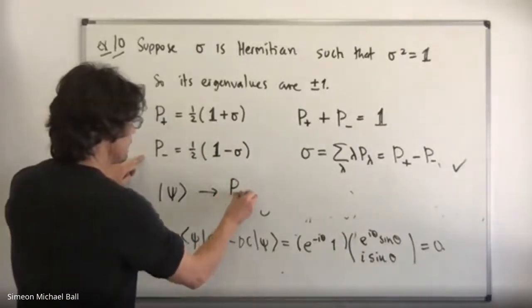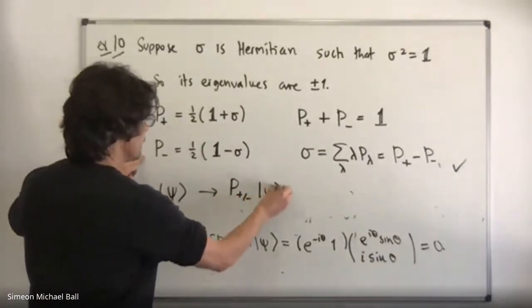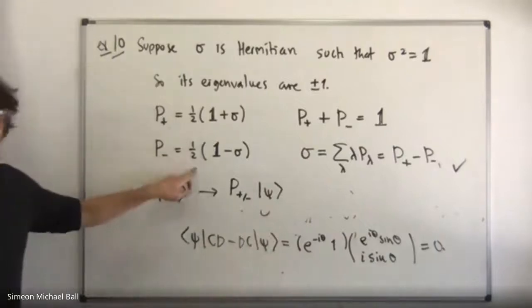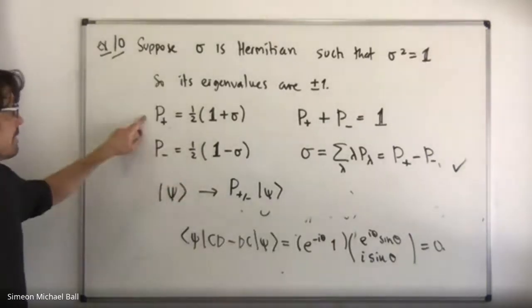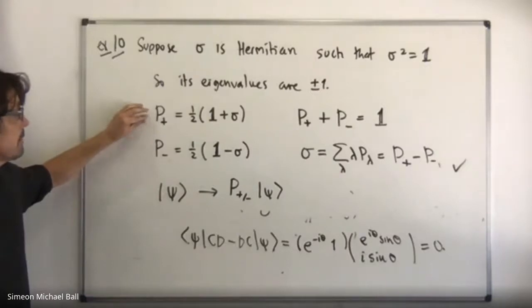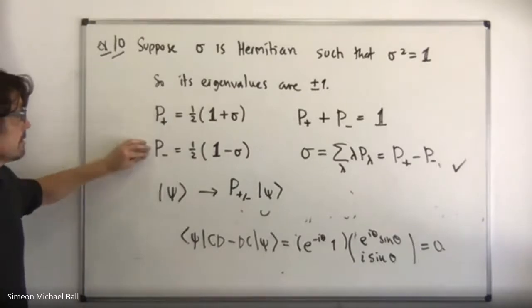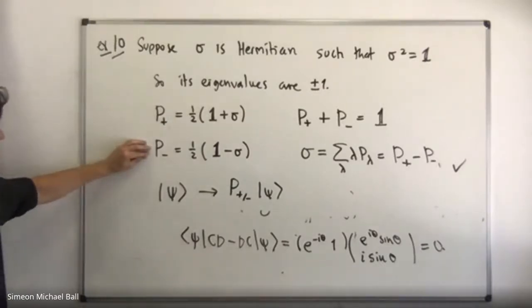So that's either plus or minus psi. So it goes to one of these two. So recall that this is a linear map which maps onto the plus 1 eigenspace. And this is a linear map onto the minus 1 eigenspace.